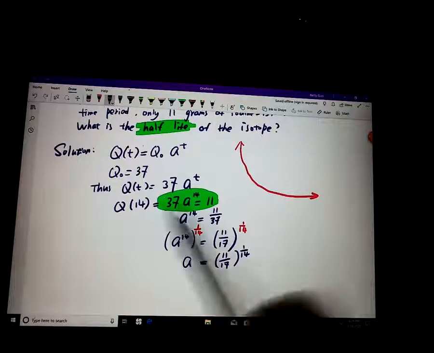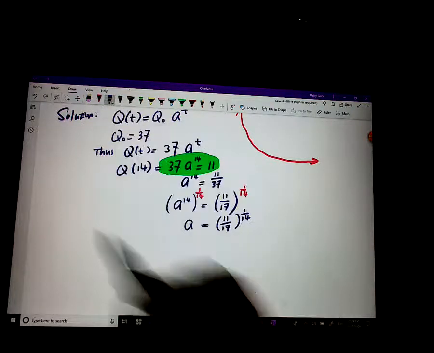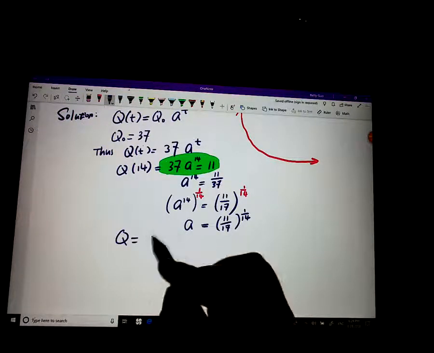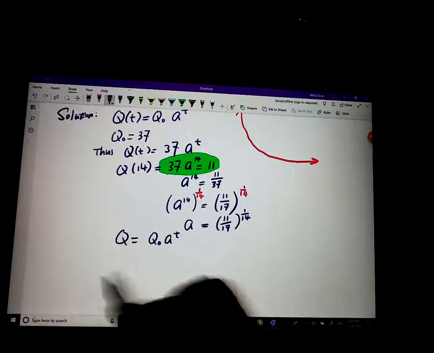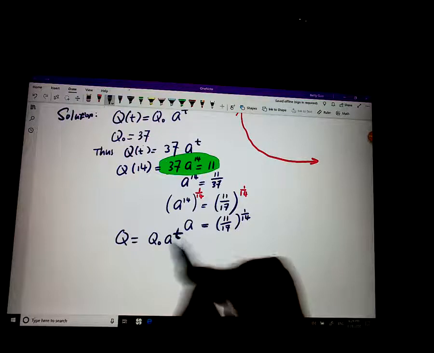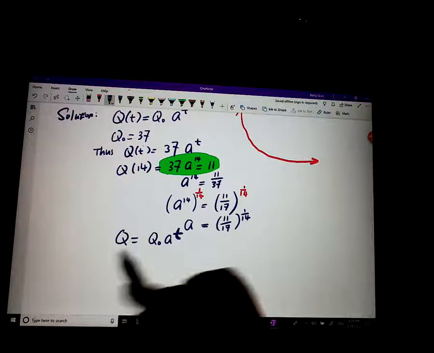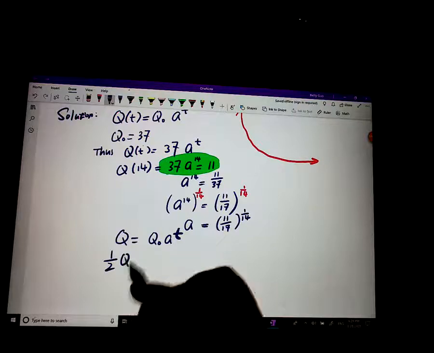All right, so once we have the value of a, we are ready to find the half-life. Let me write the function again. Q equals Q sub 0 times a to the power of t. We are looking for t, right? This time we are looking for t such that after that period of time, the population, here the grams of the substance, becomes half of the initial value.